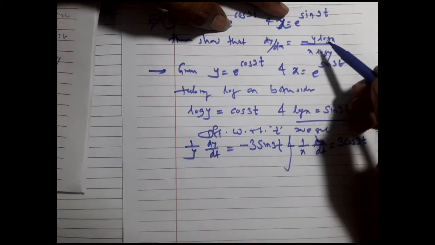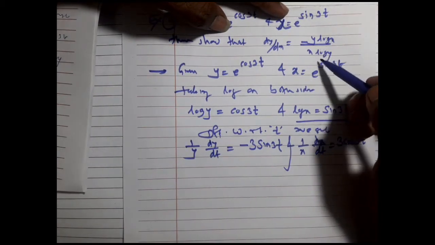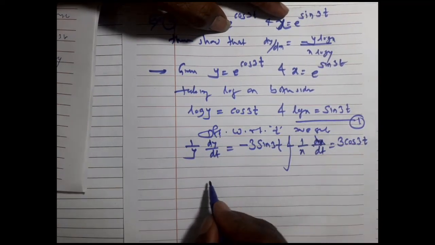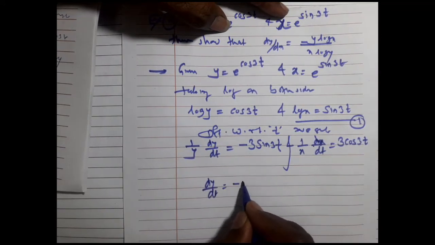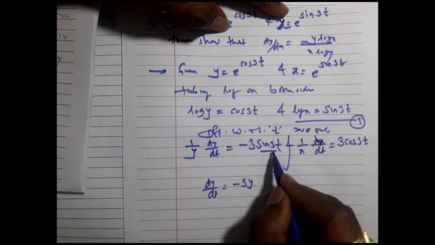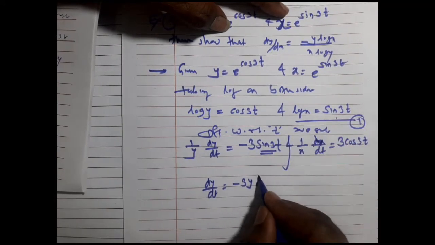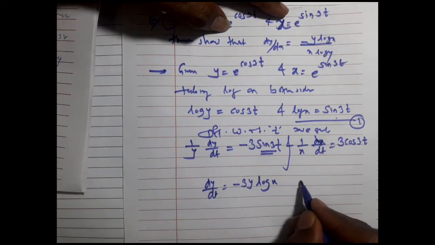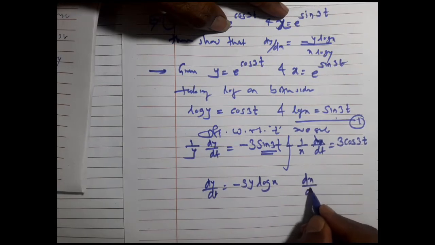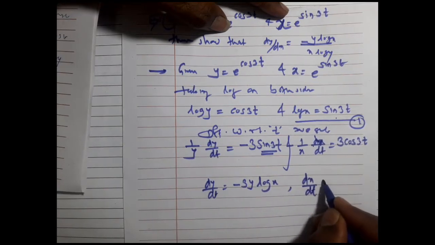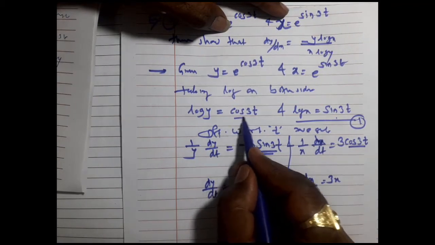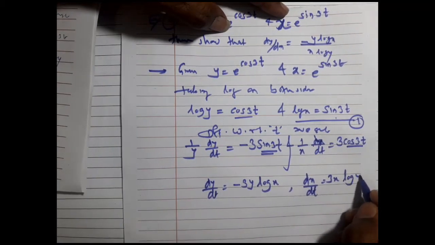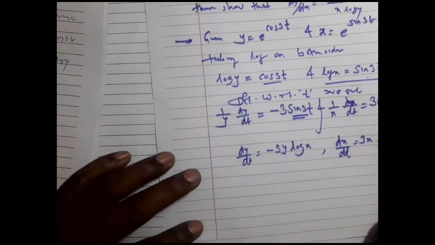See, in the required proof there is no t, so we have to remove t from equation number 1. This is dy by dt is equal to minus 3y, and sin 3t is log x. Similarly, dx by dt is equal to 3x and cos 3t is log y.